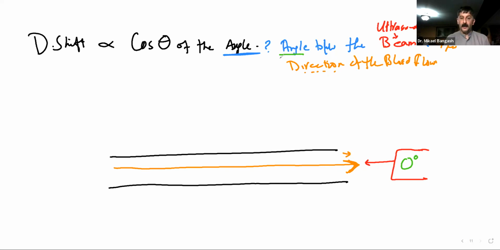So we actually have a 0-degree angle between the ultrasound beam and the direction in which the blood is flowing. Did you guys get that?